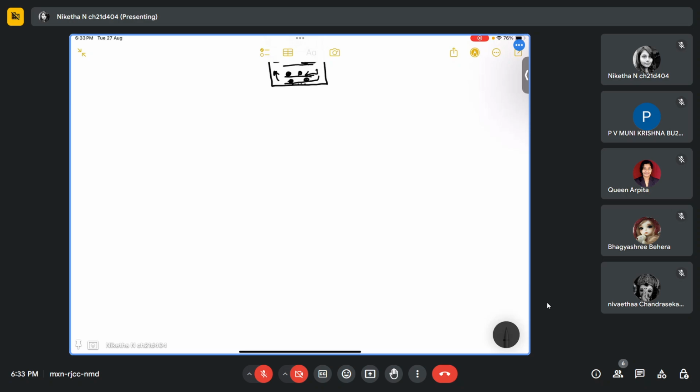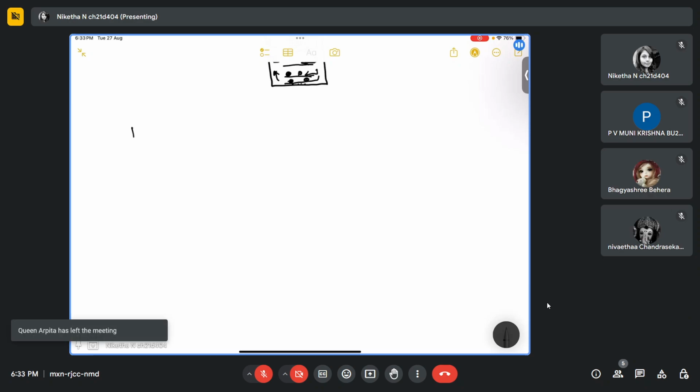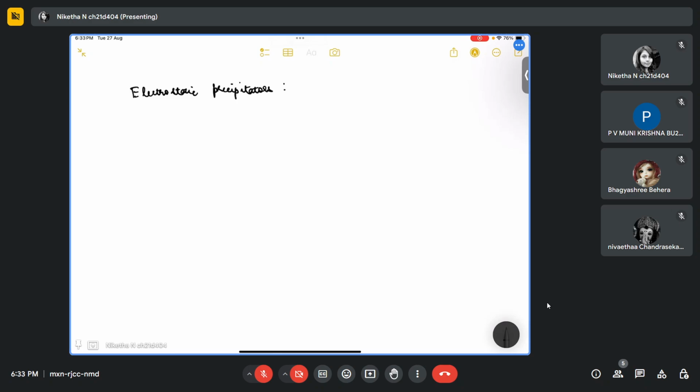Okay. So the next method that we'll be looking at is electrostatic precipitators. So what is an electrostatic precipitator?